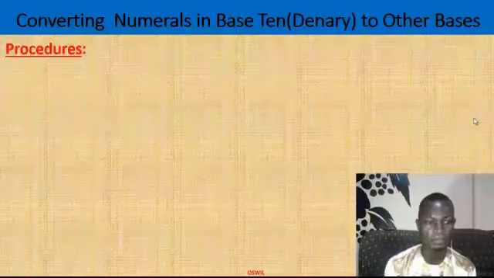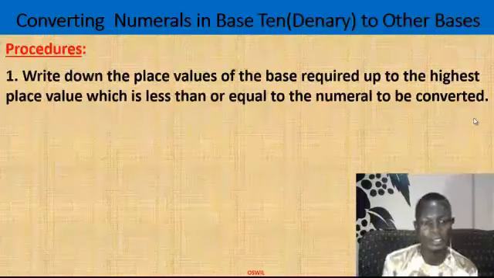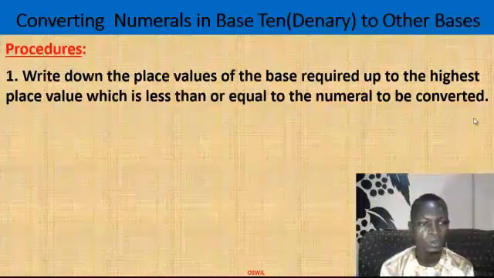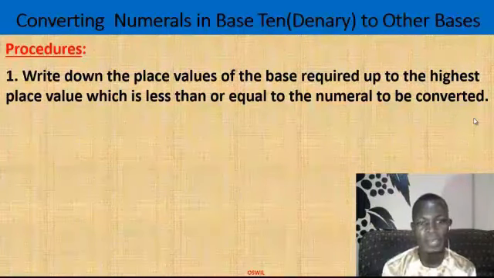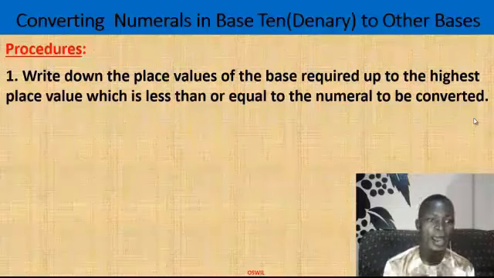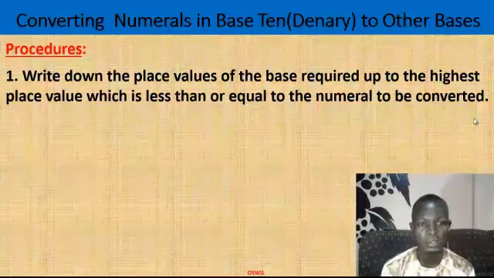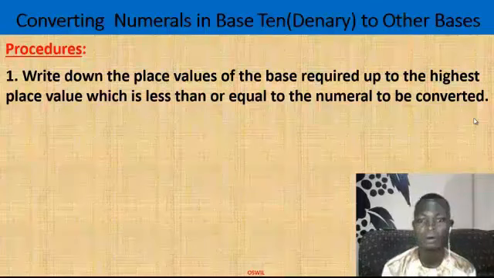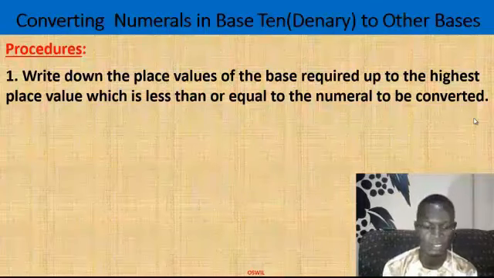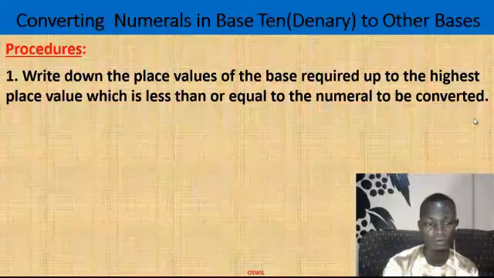Let's see our first step in method 1. You have to write down the place values of the base required, up to the highest place value which is less than or equal to the numeral to be converted. So that is our first thing to do.